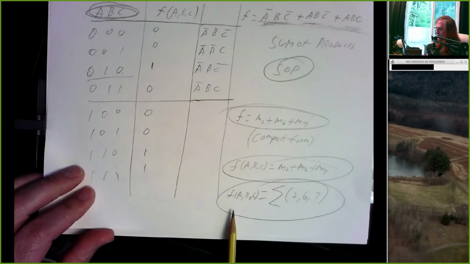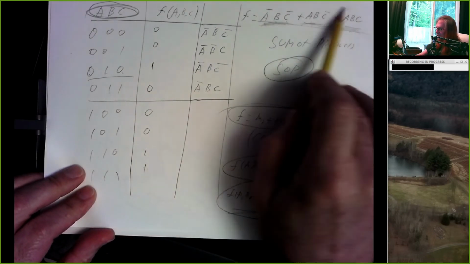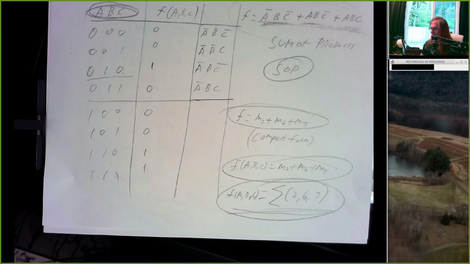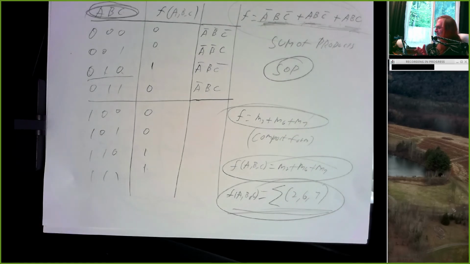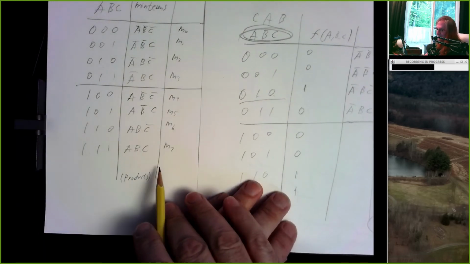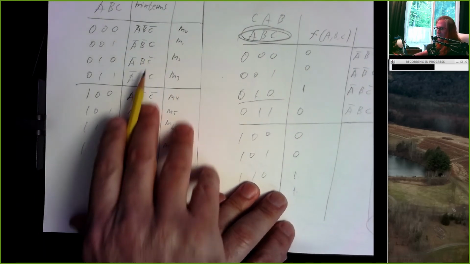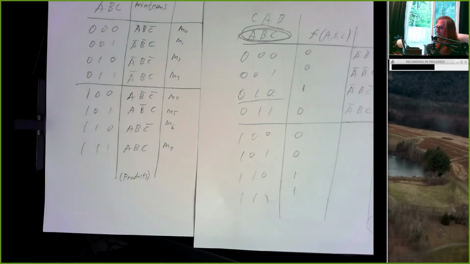So this is a super duper shorthand way of writing that. And it's based on this idea that we can standardize what these minterms are, and we can just use those to represent these more complex product terms.